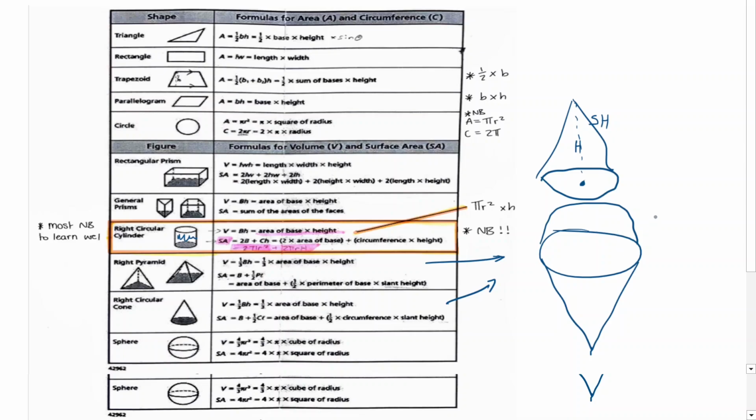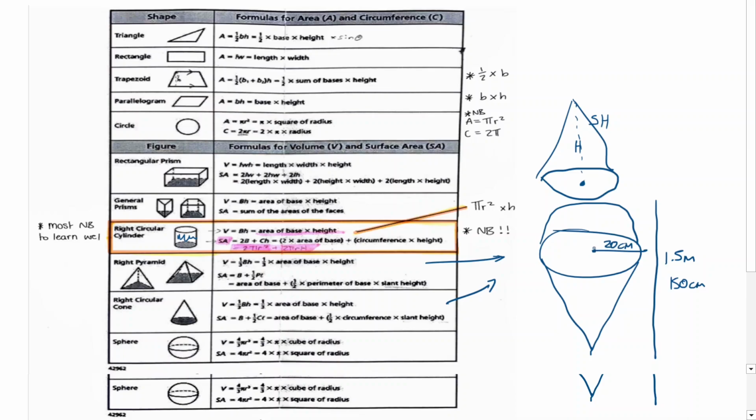The other thing is just to look out for if you've got something like this that says this is 20 centimeters and the height of the entire shape is 1.5 meters. It's really important to get things into the same units, and so you'd want to call this 150 centimeters.